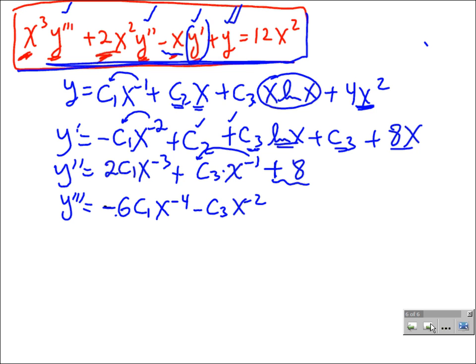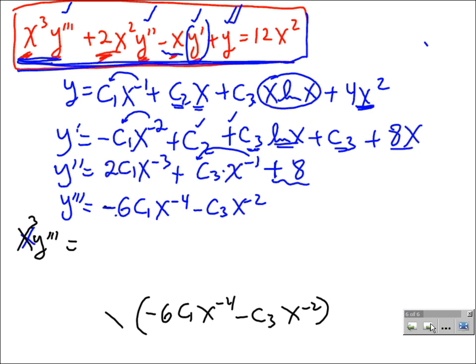I need to multiply y triple prime by x cubed. So x, use a different color, x, y triple prime. Make that x cubed y triple prime. Need to multiply negative 6c1 x to the negative 4, etc., by x cubed. So I'm going to get negative 6c1 times x cubed.